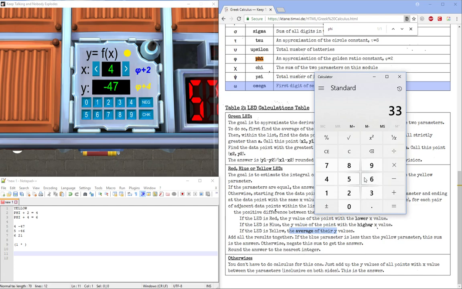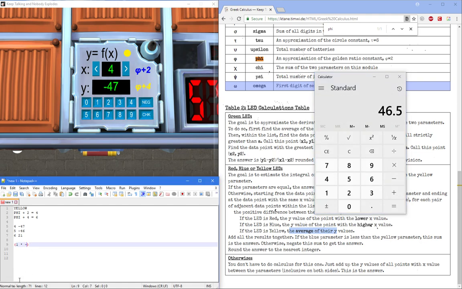So here I take negative 47, 47 plus 46. It's going to be 93, divided by 2 is going to be negative 46.5. This is going to equal negative 46.5.